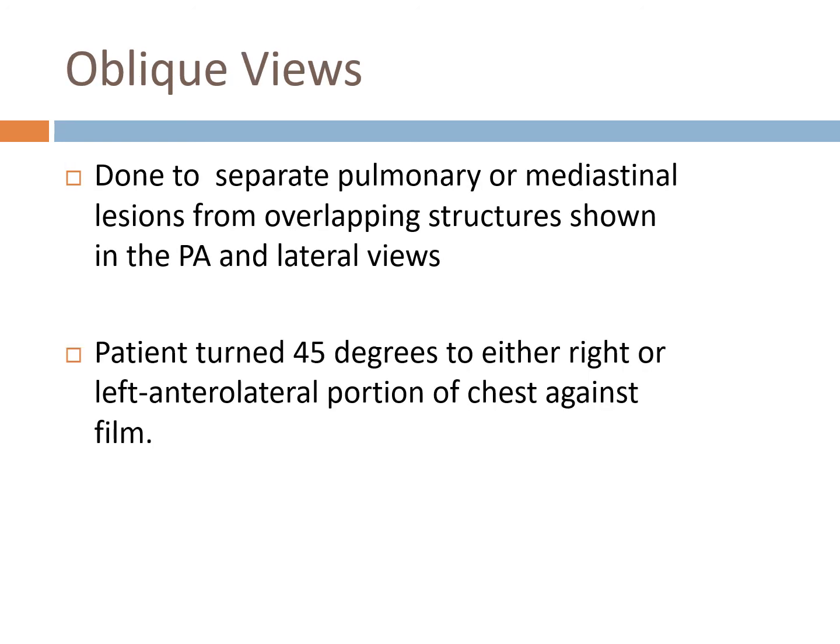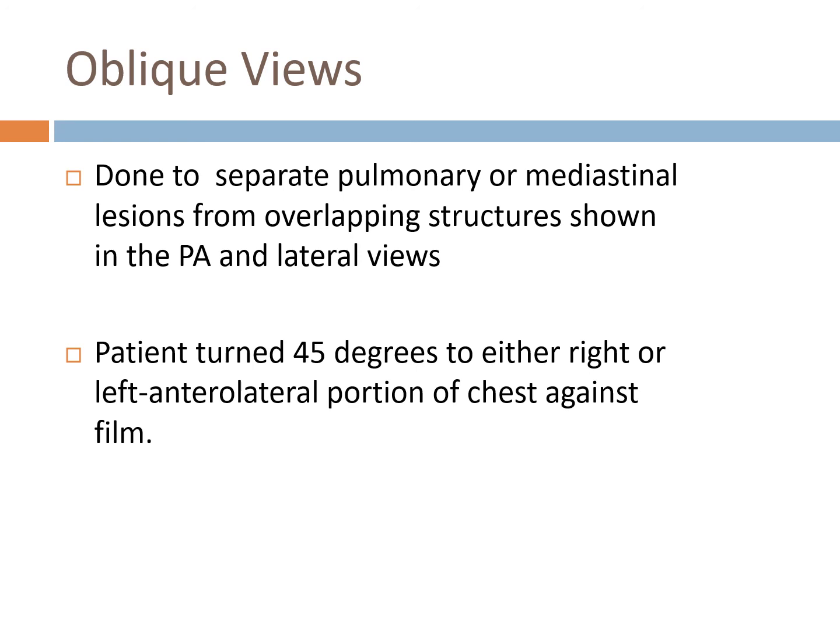Okay, so oblique views are used for looking for pulmonary or mediastinal lesions, trying to find different abnormalities. On these, the patient is turned 45 degrees to either the left or the right, with the anterolateral portion of the chest against the film.